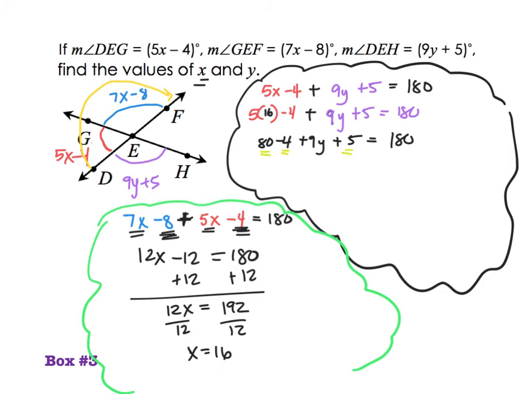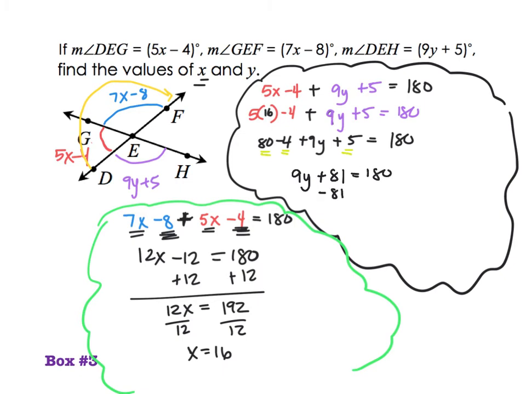Okay. So when I combine them, I have 80 minus 4 gives me 76. 76 plus 5 gives me 81. So I have 9y plus 81 is equal to 180.